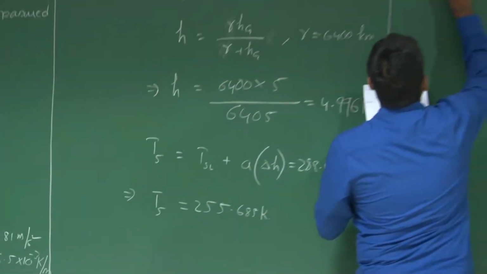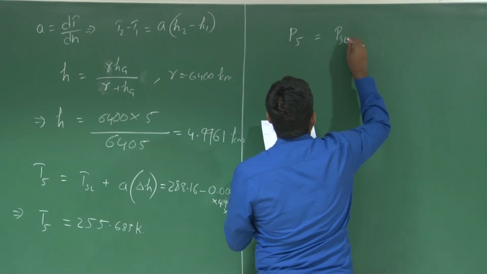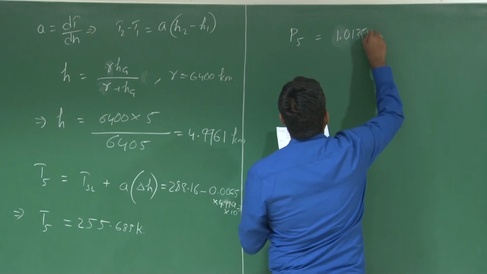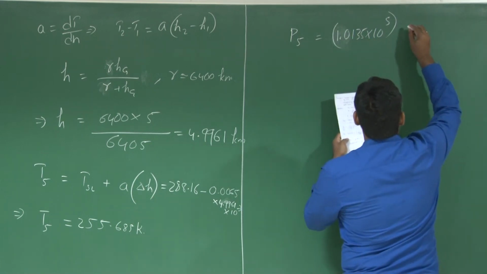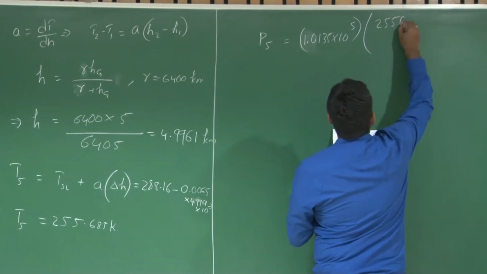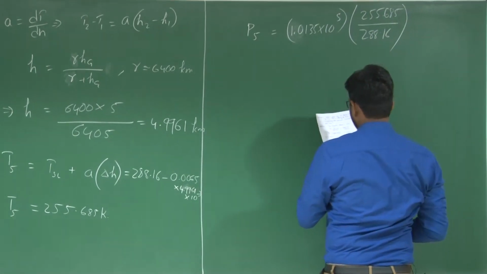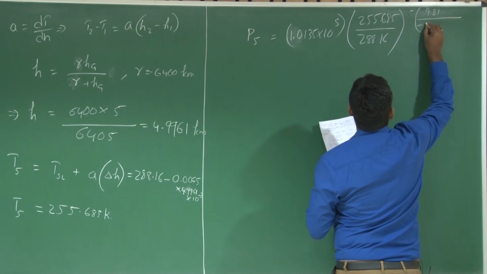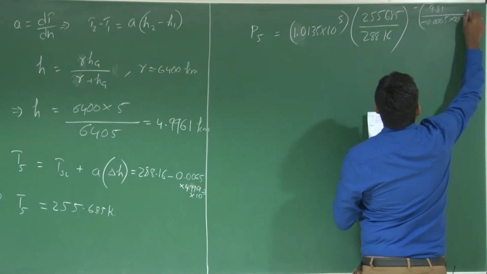Now, P at 5 kilometers is equal to P at sea level, which we know is 1.01325 into 10 to the power of 5 Pascal, into 255.685 Kelvin divided by 288.16 Kelvin, raised to the power of minus 9.81 divided by minus 0.0065 into 287.